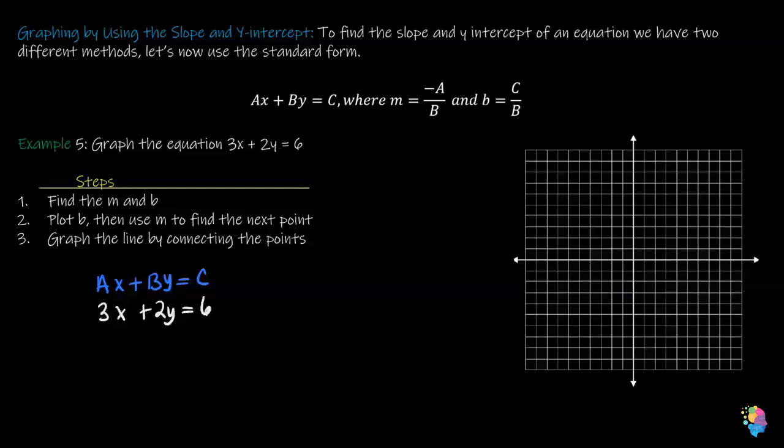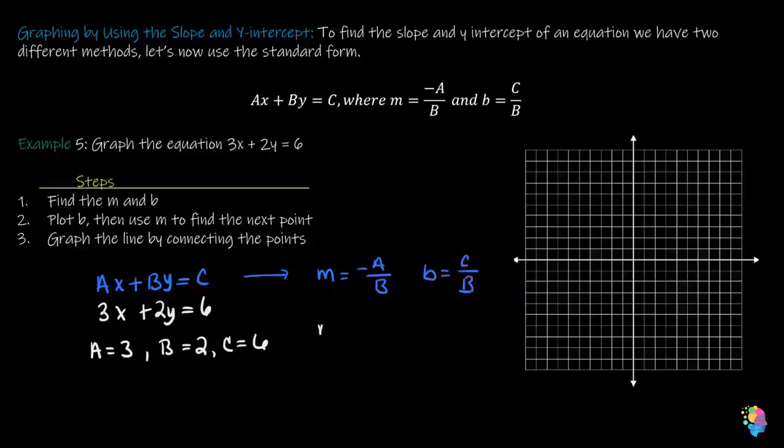And I notice that my equation is in standard form, where a is 3, b is 2, and c is 6. Then using these formulas, I can find the slope by doing -a/b, and I can find the y-intercept by doing c/b.